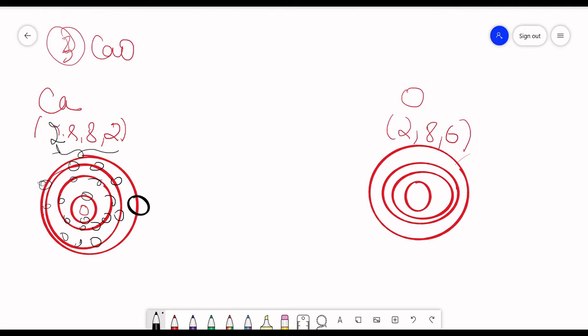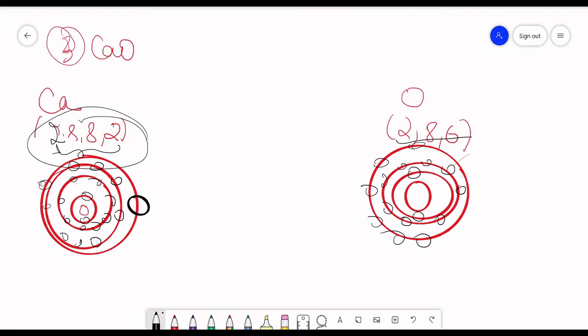So this is all for calcium. Let's talk about oxygen now. Oxygen has 2, 8, 6, right? So 1, 2, then 1 to 8, then 1 to 6.